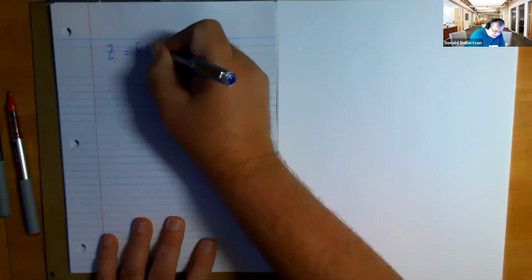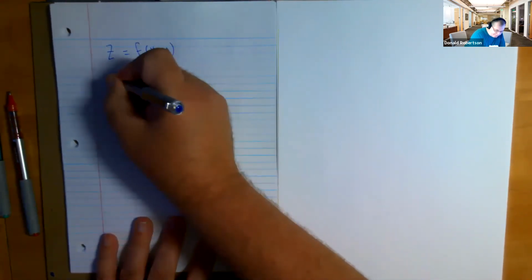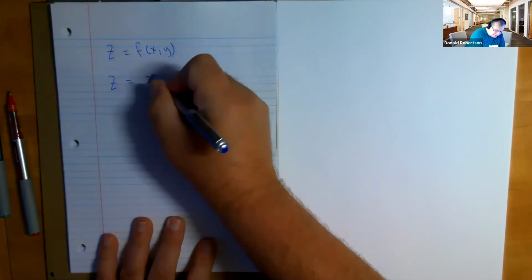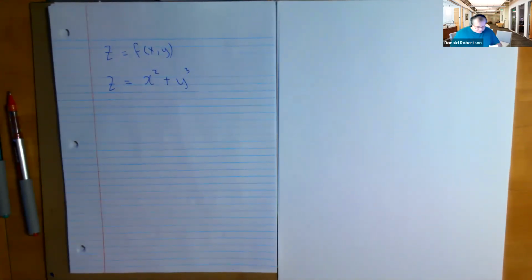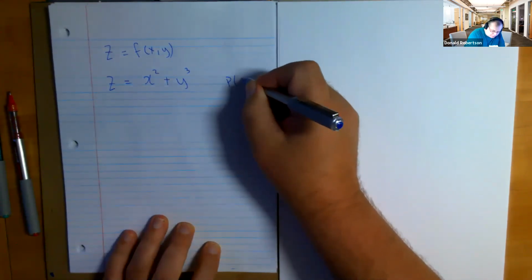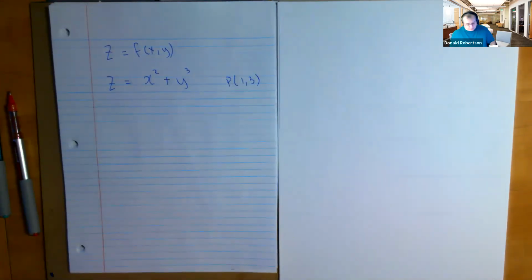Imagine you have a function, z equals f of x, y. In particular, let's just say that guy. I don't want to make my life too difficult. And you're interested at the point (1, 3), which you may well be.